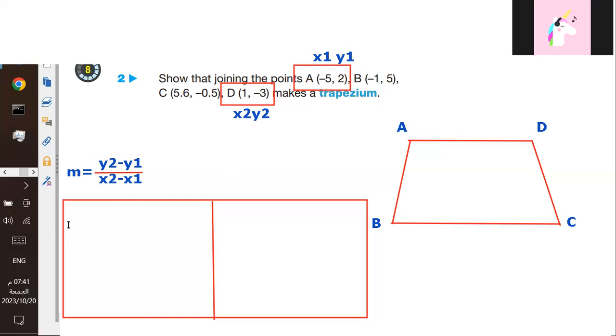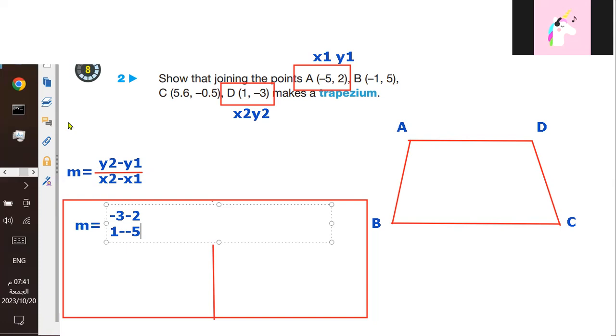Now, let's start here. So the gradient will equal y2 minus y1, and the y2 here is negative 3. Negative 3 minus, from the formula, y1 which is 2, and then over x2 minus x1. So x2 here is 1, minus x1 which is minus 5, like this. So I have to write all the minuses in the formula.